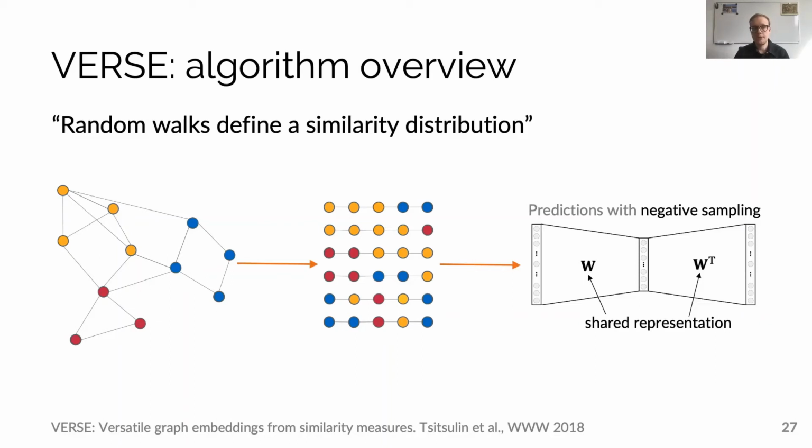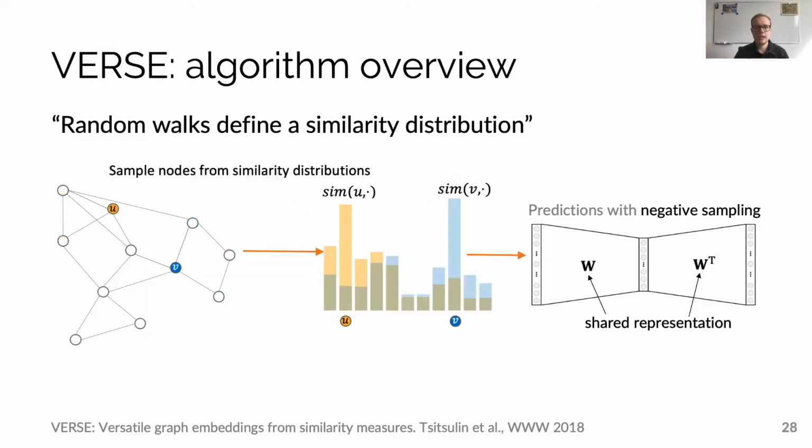It's called VERSE. And the idea there is basically that we have been studying random walks a lot in graphs, and random walks define a similarity distribution among graph nodes. So instead of using these random walk corpora, let's try to use similarity distributions directly. So we have a similarity distribution defined by random walks.